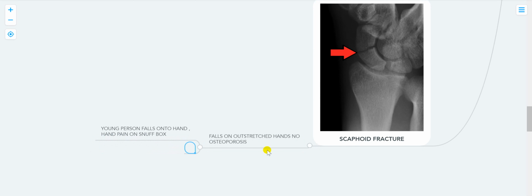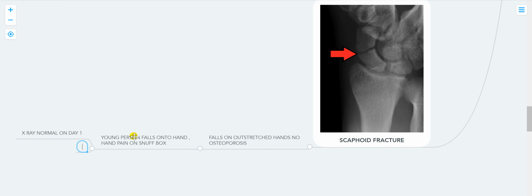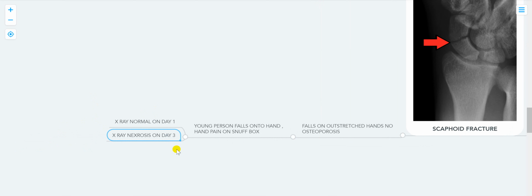How do you diagnose that? You diagnose it by x-ray. On day 1 you see normal, on day 3 you see necrosis. How do you treat it?